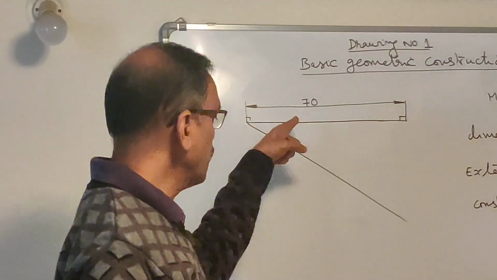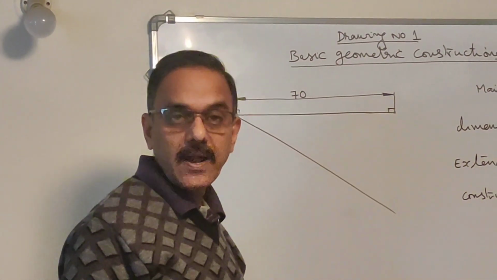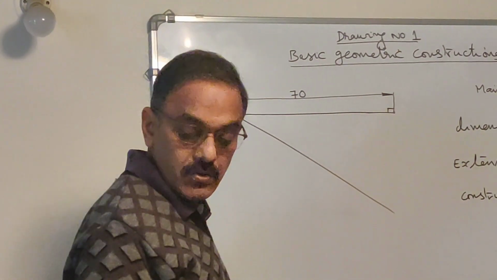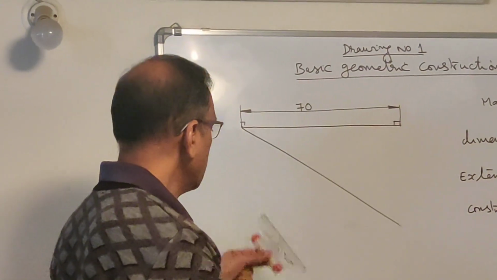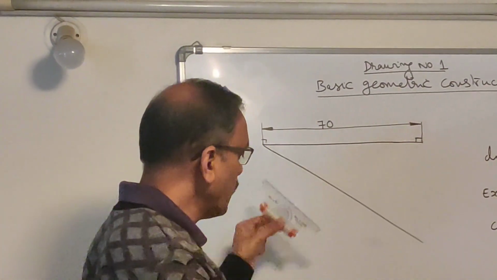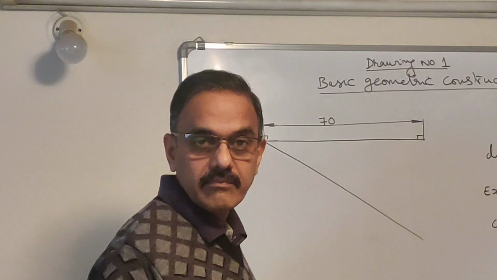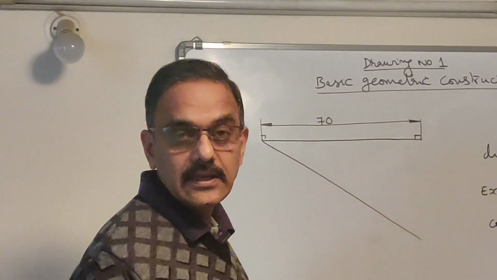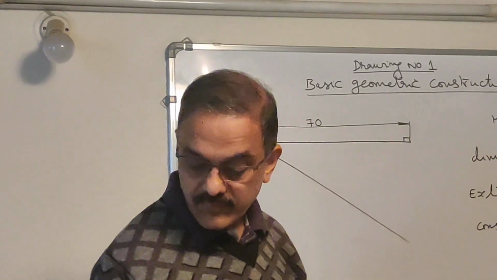Now how many divisions do you want to divide this into? 6 divisions, 6 parts. Now you align your scale with this line like this. Take your scale here, align it with this line. Then you mark 6 equal divisions on this line. Each division can be of any length of your choice. You can take it 5 mm or 10 mm.